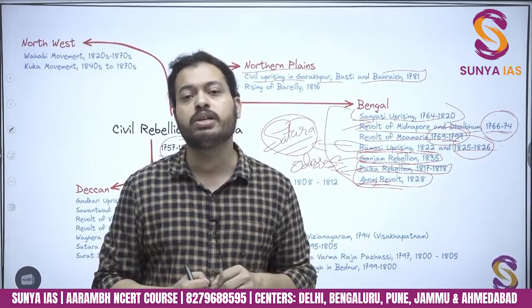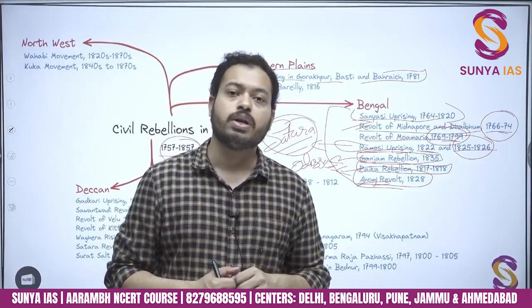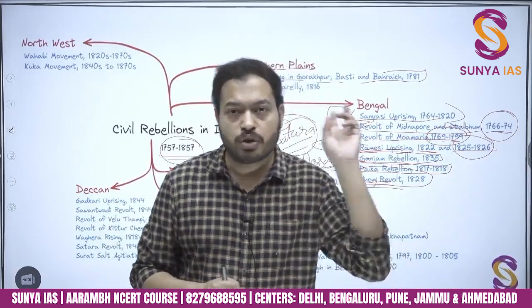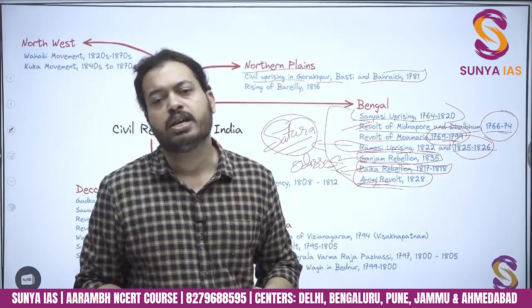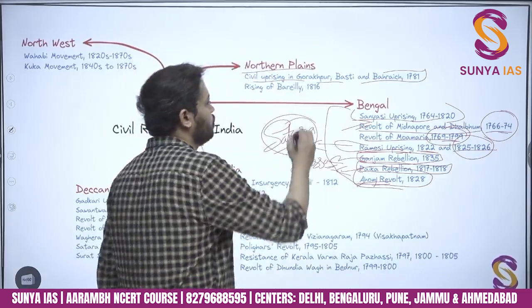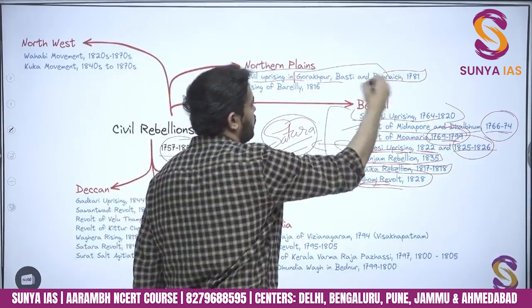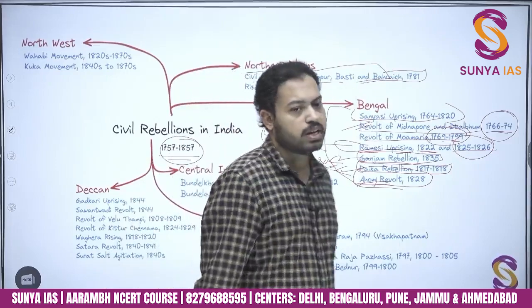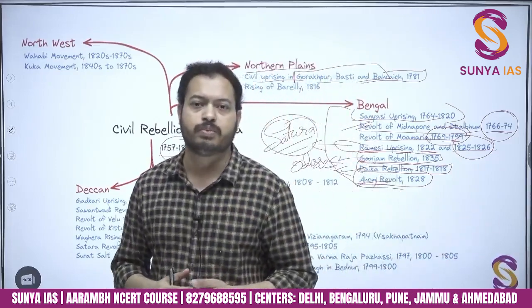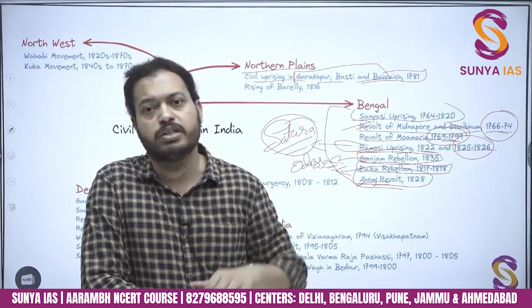They were using corrupt means, and therefore he appointed one British officer, on an experimental basis, as the zamindar of this region. He was expected to collect a revenue of 22 lakh rupees in one year from this region. That is what Warren Hastings assumed.